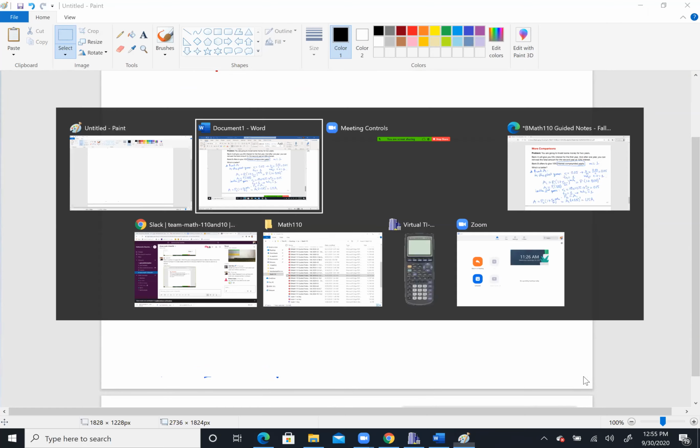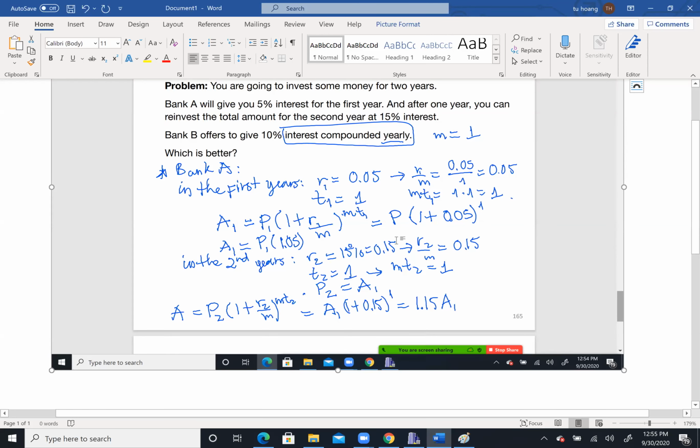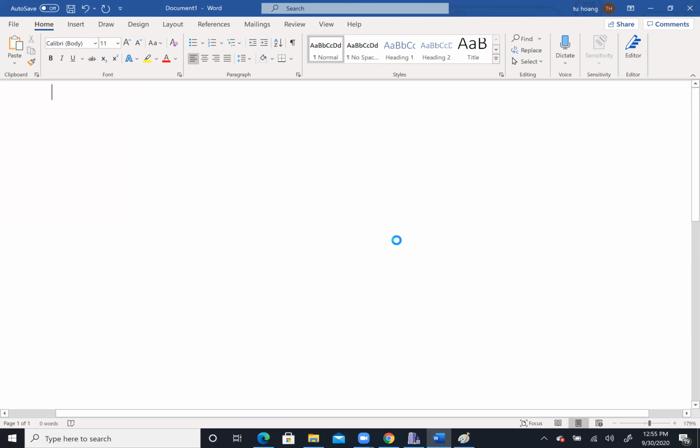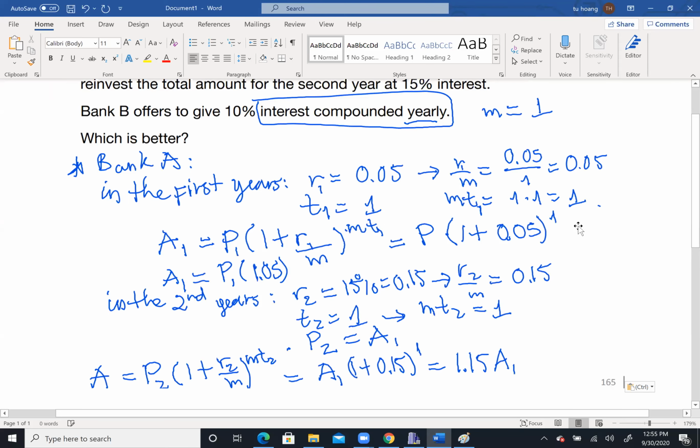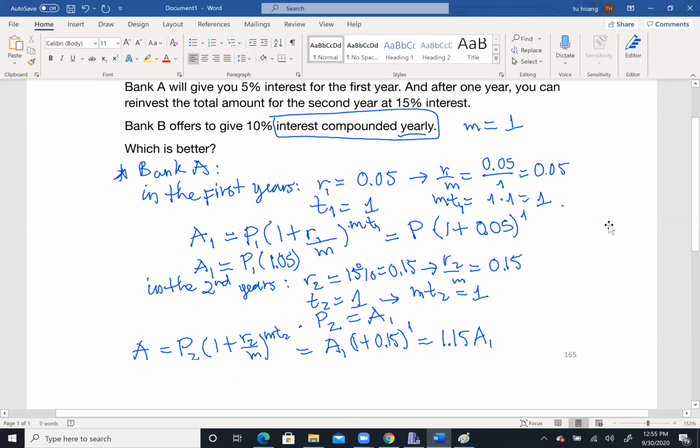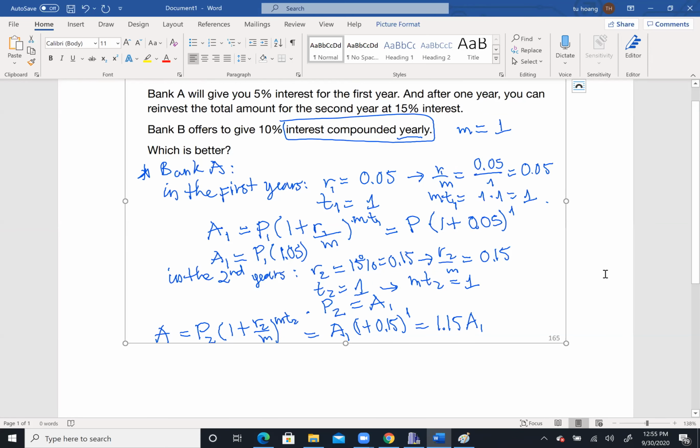So sometimes we don't have enough space, so we're gonna have to use this way. All right. So look better.